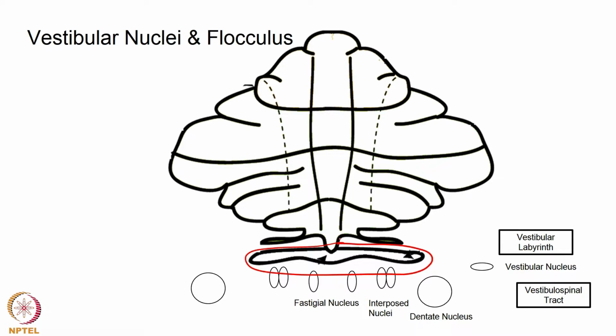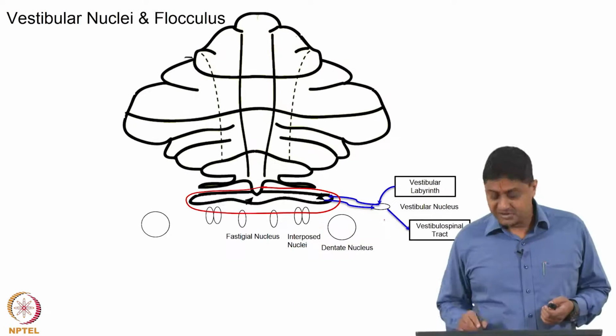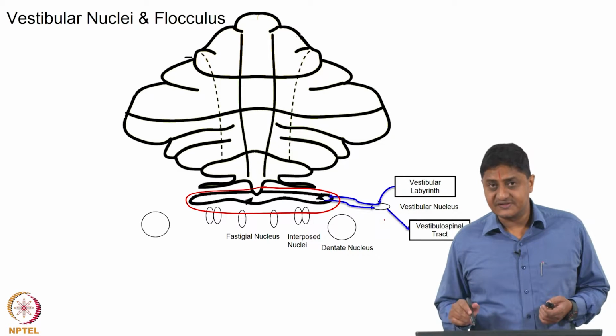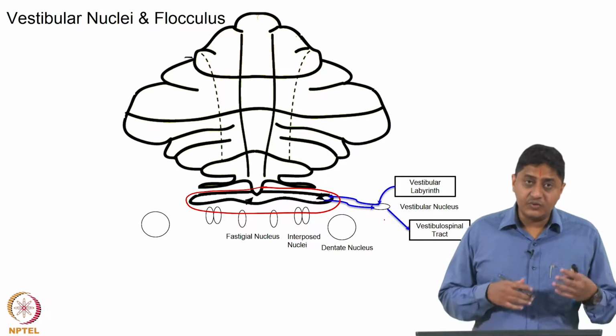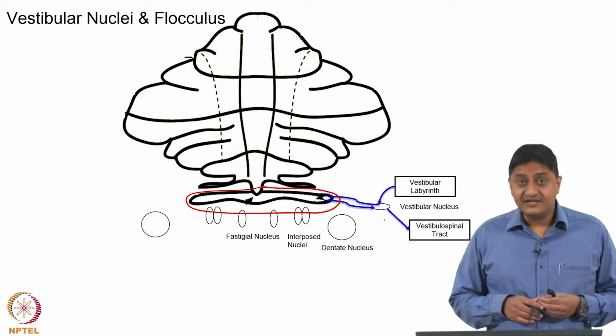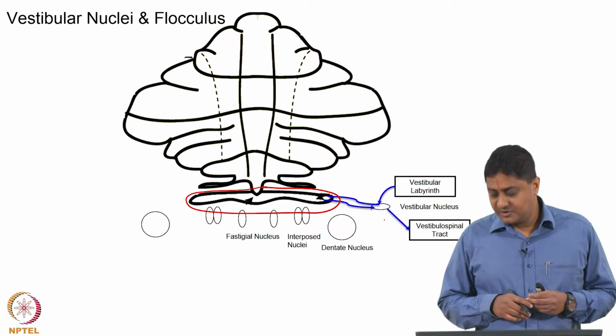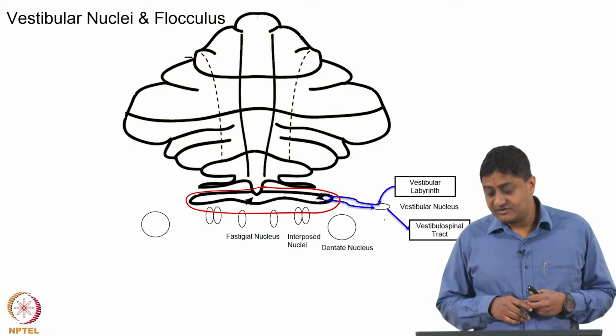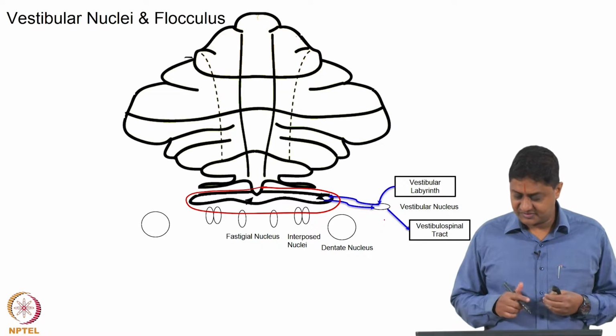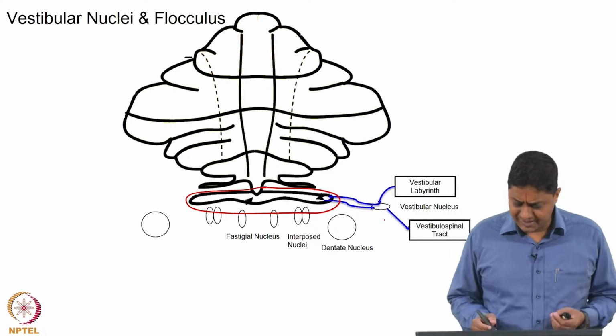We said that it receives information from the vestibular labyrinth via the vestibular nucleus, and then projects back to the vestibular nucleus, which is the equivalent of the deep cerebellar nucleus, and from then the vestibular nucleus projects directly to the vestibulospinal tract to provide some form of corrections, right.